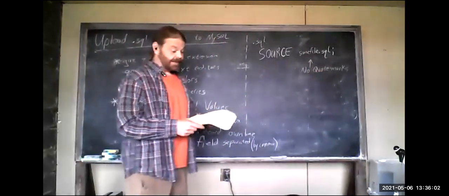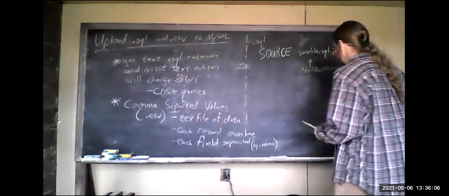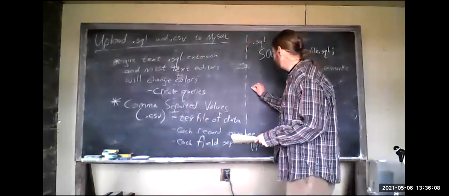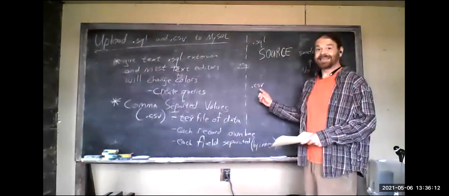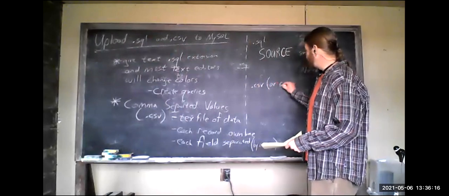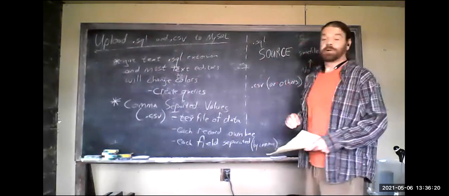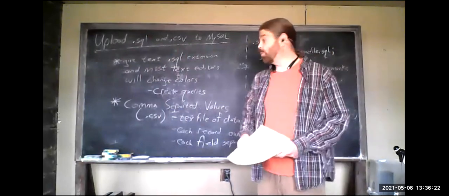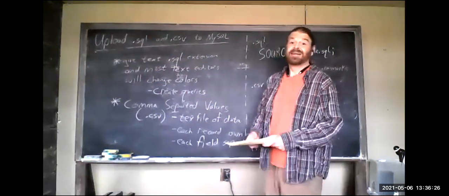The next one's a lot. There's several parts to it. So for a .csv, and actually, I'm going to put "or others." We're only going to look at the .csv file, but there's more than one sort of text file we can put data in.